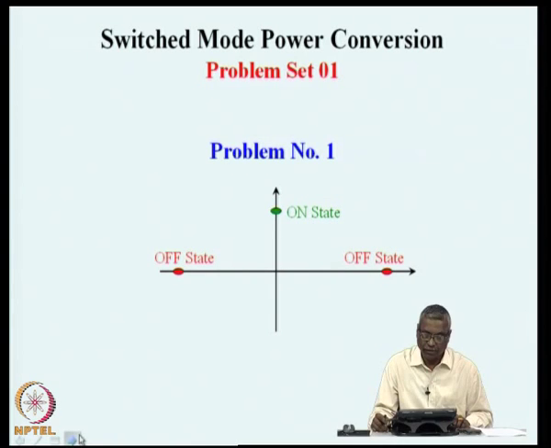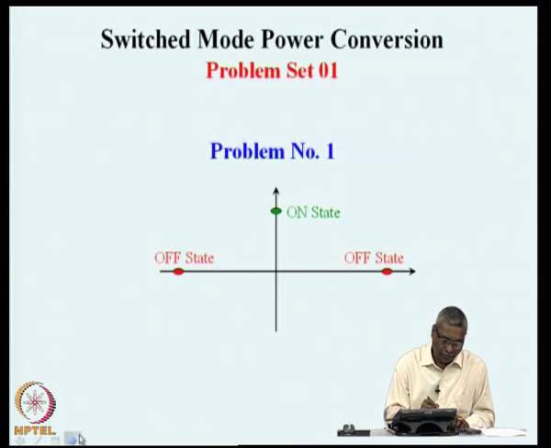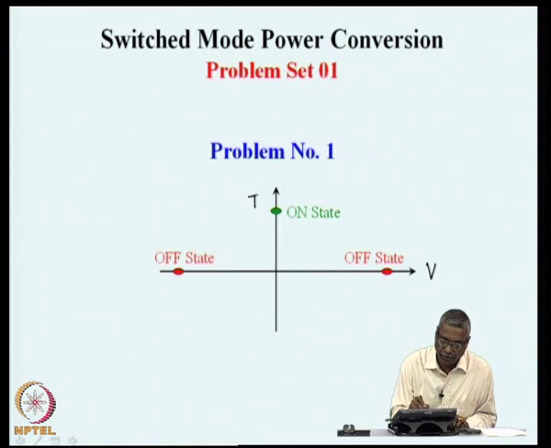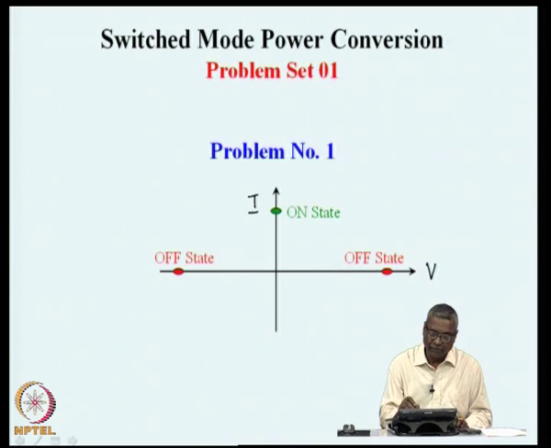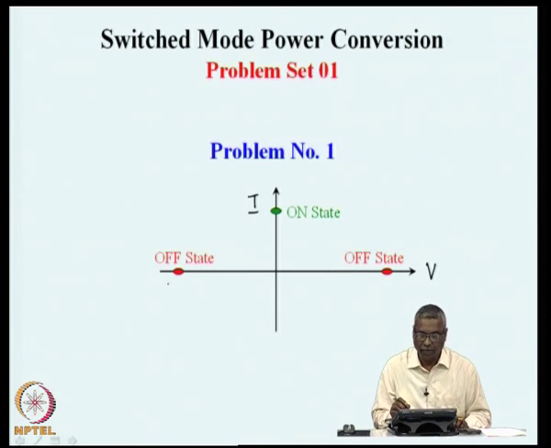The first one that we see here is the VI plane, the V and the I plane, and on the VI plane several operating points are marked.